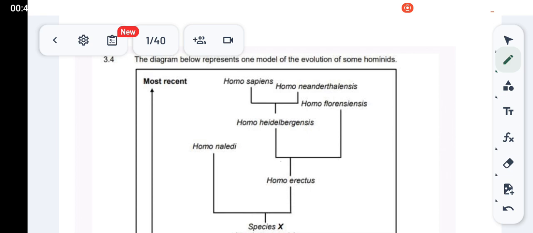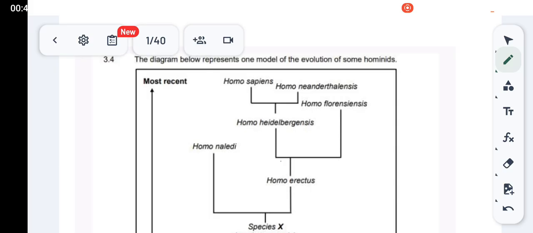Why? Because it shows the evolutionary relationship between the ancestors and their descendants. So you need to have the ability to interpret the phylogenetic diagram.